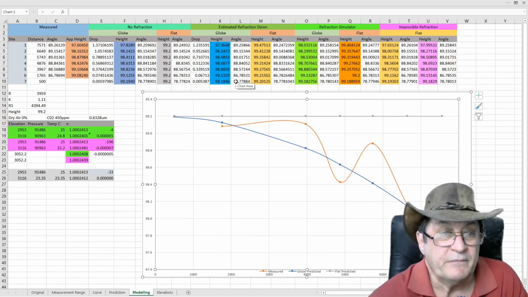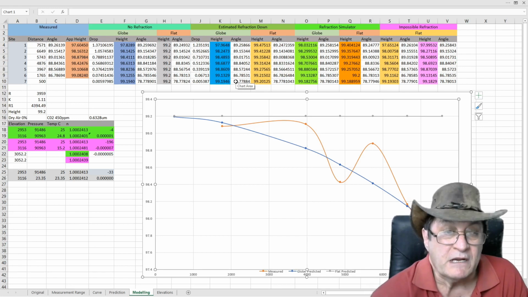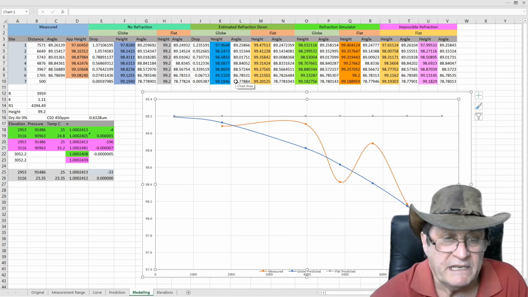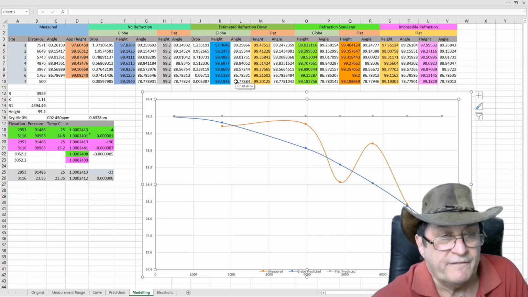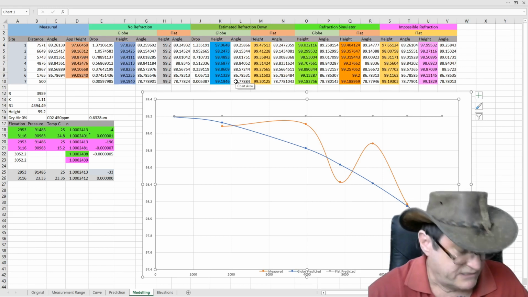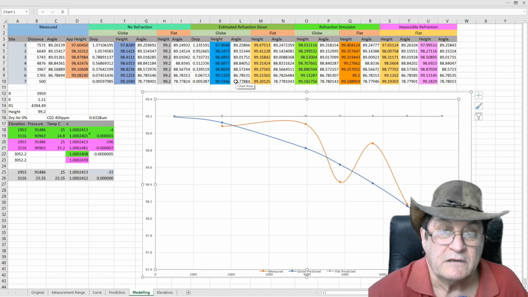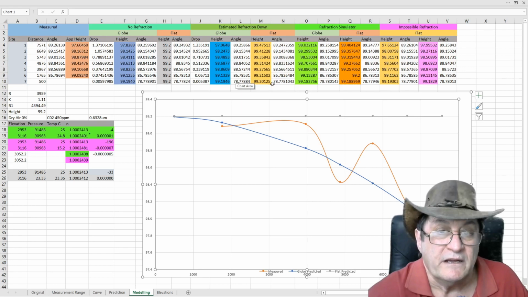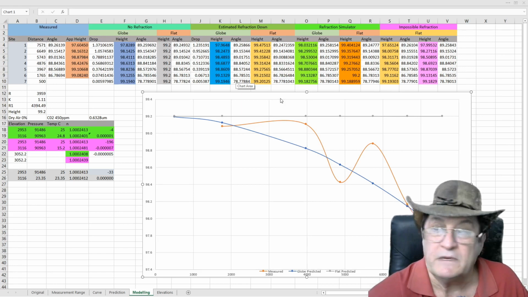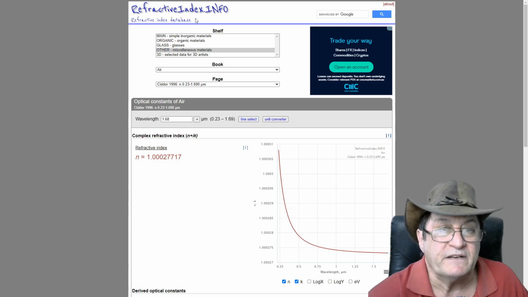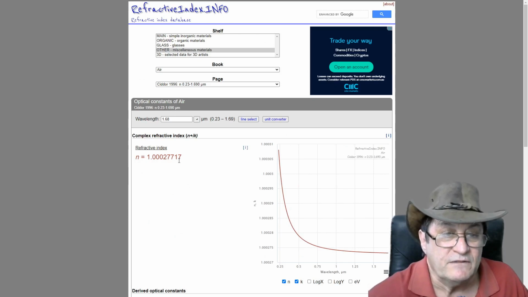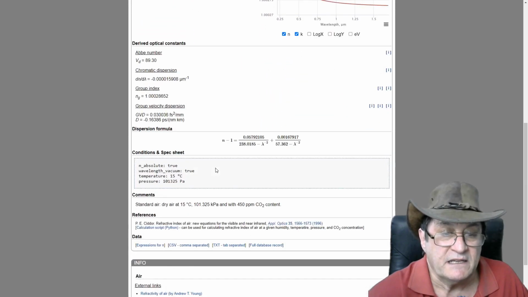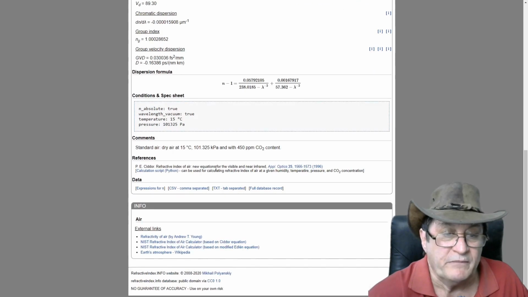So I've modelled this up, and I know this looks a bit complicated, but based on Ruhif's work on refraction, I stole some of the things. Well, not exactly stole, but Ruhif used them, and I had a look, and there's a couple of websites. So this website, refractiveindex.info, gives you a way to calculate representative values of the refractive index of air, and there's a Python script at the bottom that you can download.